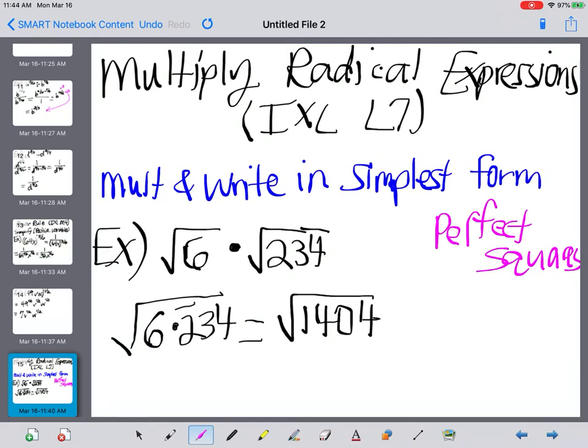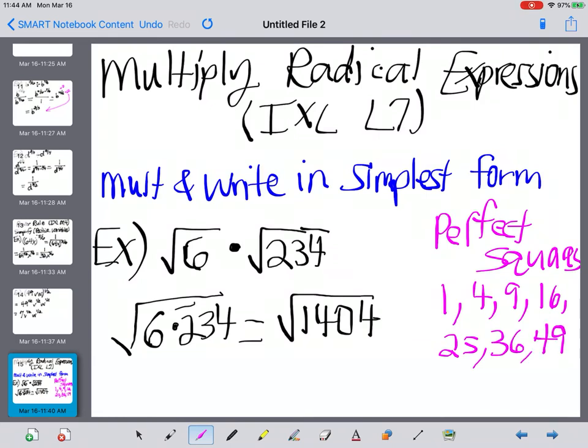So I know that 1 is a perfect square. Of course, 1 ain't going to do anything, but I'll write it anyway. And then 2 to the second power is 4, so 4 is a perfect square. 3 to the second power is 9. 4 to the second power is 16. 5 to the second power is 25. 6 to the second power is 36. And 49.